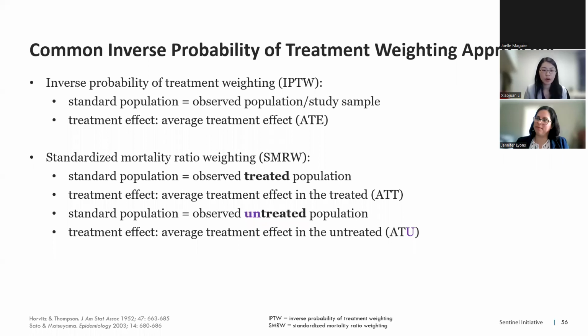And we can also alter SMR weighting to get the average treatment effect in the untreated, when we use the observed untreated population as the standard population.